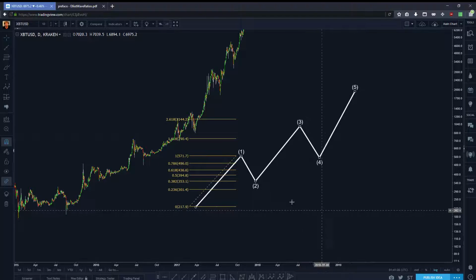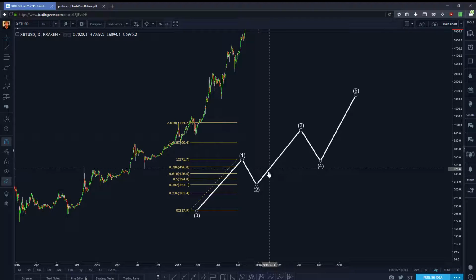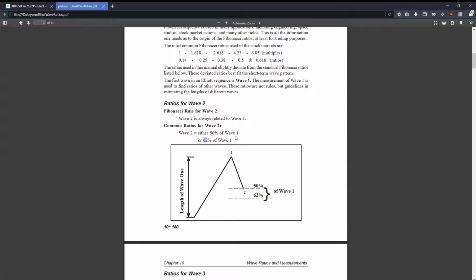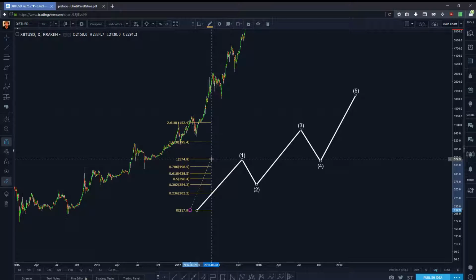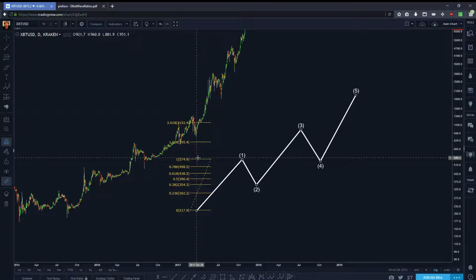So let's just draw this out. We'll draw the Elliott wave here to match some ideals, I guess. Like I said, I usually start with putting a fib on the first impulse wave, and this will come in handy later.